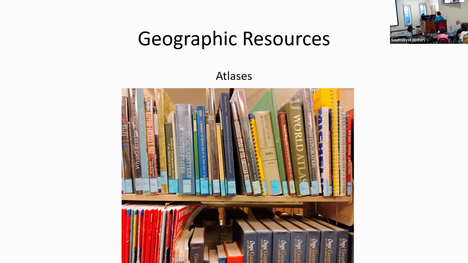You can see some of the titles here, that it's not just road maps, but atlases include geological maps with things like rivers, mountains, forests, obviously road maps, by country, state, city, even region.